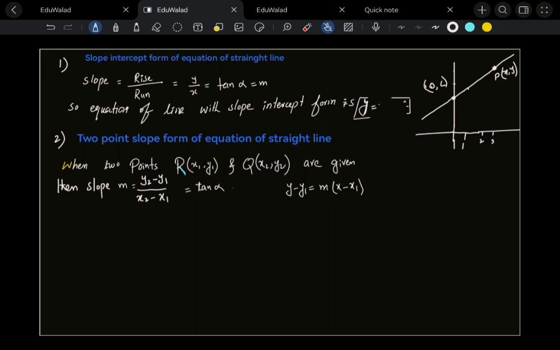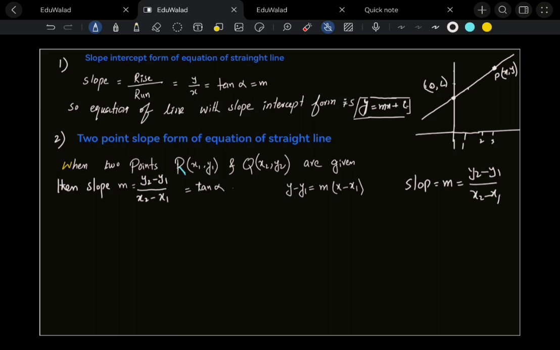y equals mx plus c. Now slope is equal to m, which is equal to y2 minus y1 over x2 minus x1.